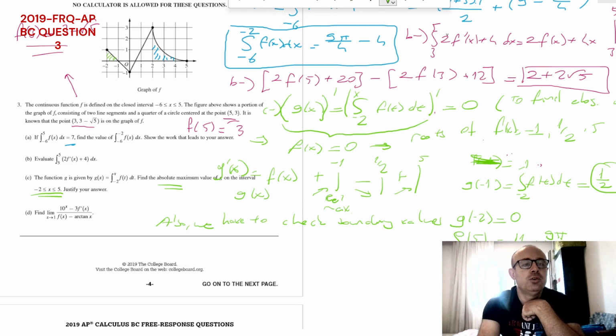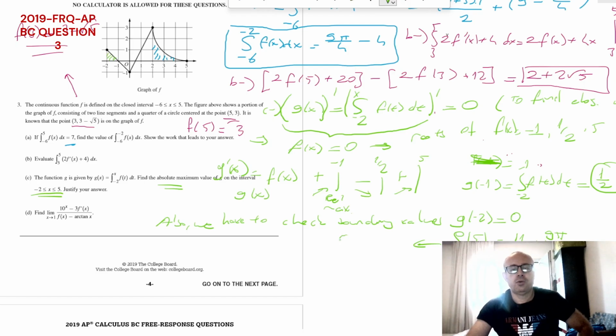Area here 1 over 2, negative 1 over 2. These parts cancel each other, the area of the trapezoid and the blue area. And therefore g of 5 is equal to the integral from negative 2 to 5 of f of t dt. This is equal to 11 minus 9 pi over 4.